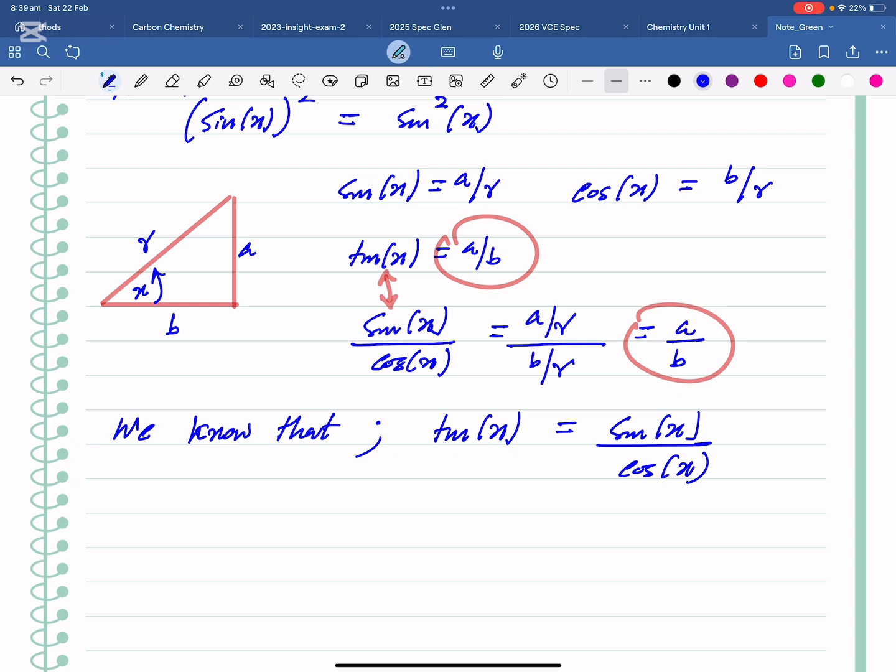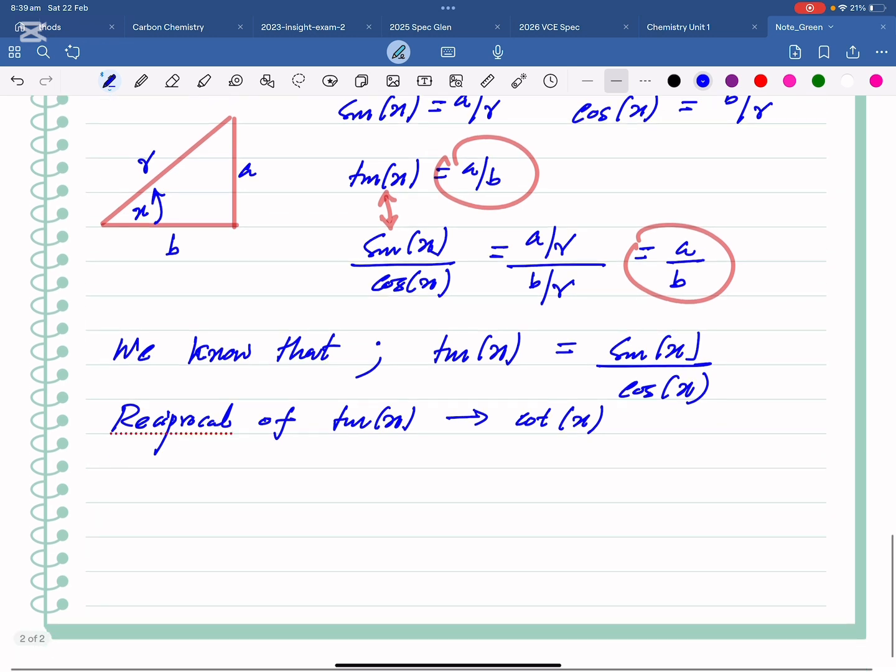Now, when it comes to reciprocal, what is the reciprocal of tan x? Obviously the reciprocal of tan x is cot x, right? So actually cot x is 1 divided by tan x.